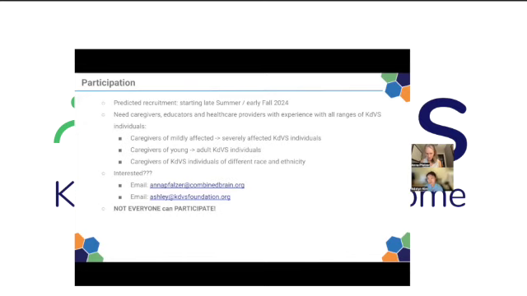And is there any reason for those healthcare providers to be of different specialties? Like, do you want a pediatric neurologist, and then do you want an immunologist or a rheumatologist, or do you want an epileptologist? Yeah, it doesn't have to be a specific healthcare provider.